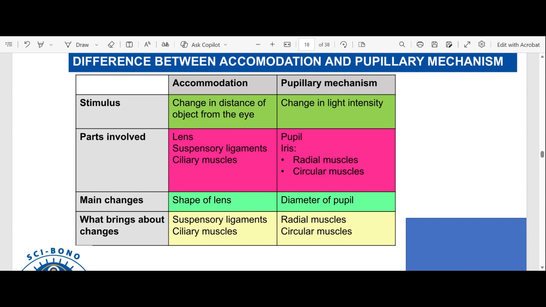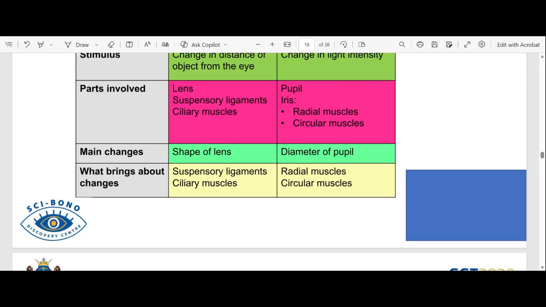Now let's go to what brings about the change. In accommodation, it is the suspensory ligaments and lastly the ciliary muscles. But in the pupillary mechanism, you have your radial muscles and your circular muscles. Okay, let's continue.